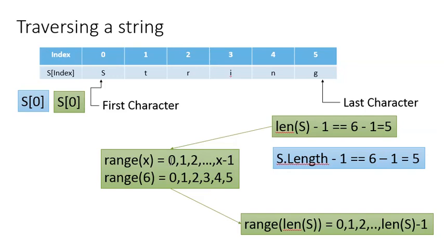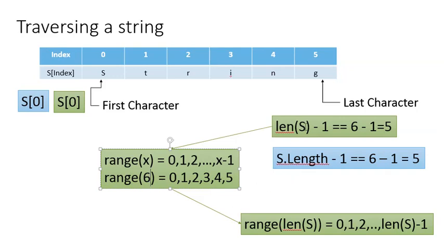In other words, if I put a 6 in here, it's going to generate 6 numbers. But again, because we start counting at 0, the last number it's going to generate is a 5. So it will generate 6 numbers, but stop just before it gets to the 6. It never quite reaches the 6. Why? Because remember, we're counting from 0. That's how they've defined the range function in Python.